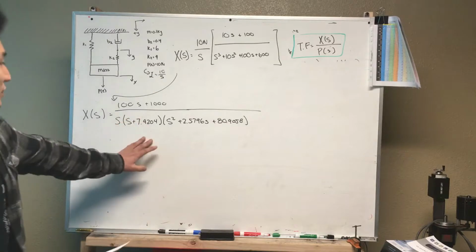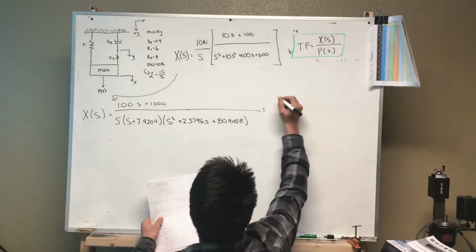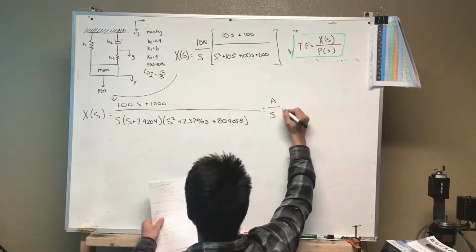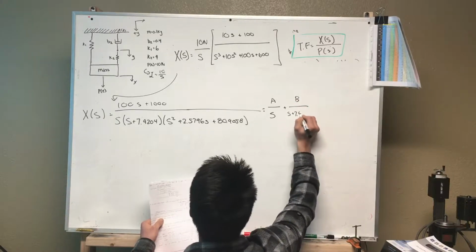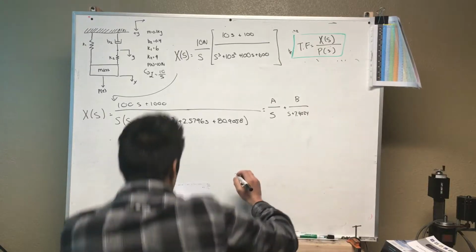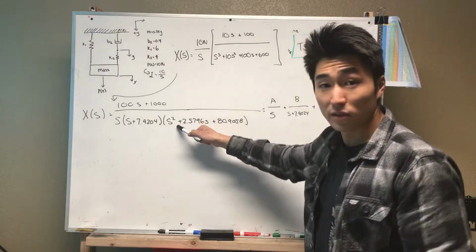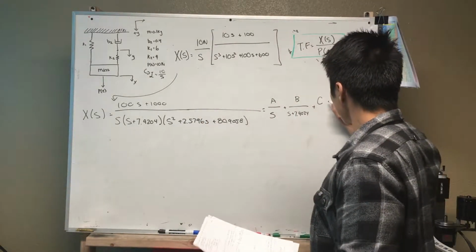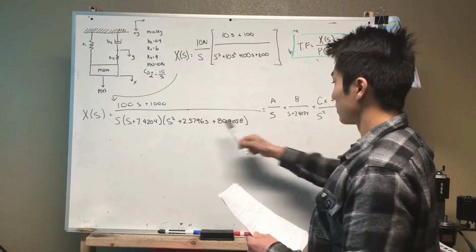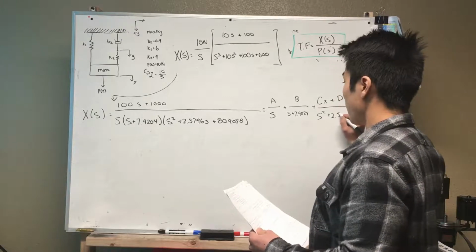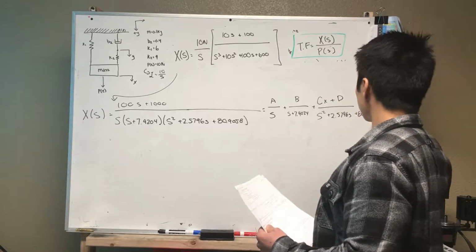We're getting there. We could almost do the partial fraction, right? Because this becomes A over s plus B over s plus 7.4204 plus, since s squared is the highest, it's a second degree polynomial, we're going to have to do Cs plus D over s squared plus 2.5796 s plus 80.9058.